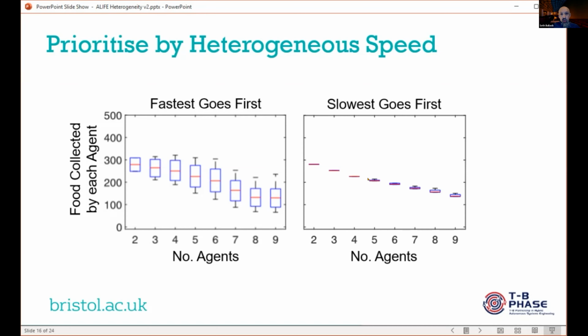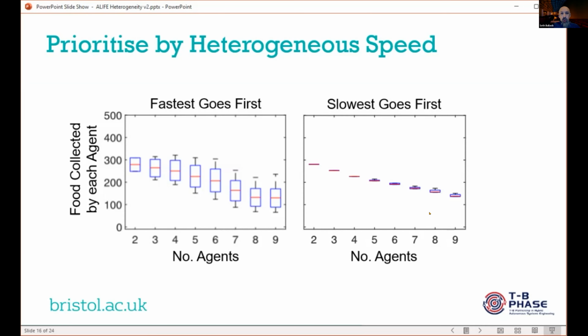Interestingly, the medians are not too different from the medians in the first graph, the kind of red horizontal bar. And the other apparent property of this graph is that that range of performance has completely collapsed. Basically, every agent now gets to do the same number of journeys as the slowest agent.